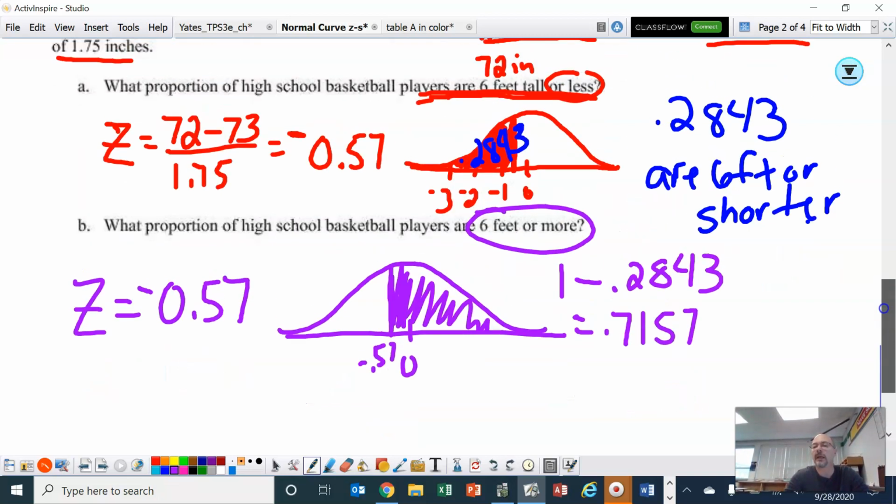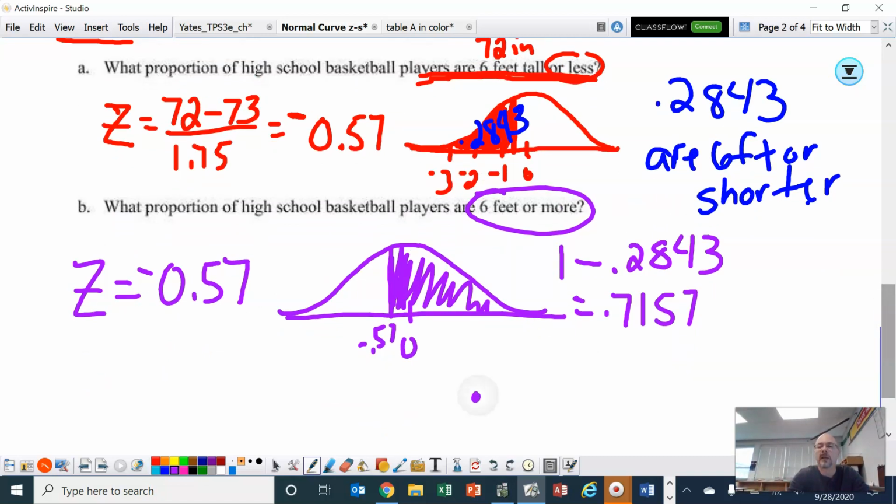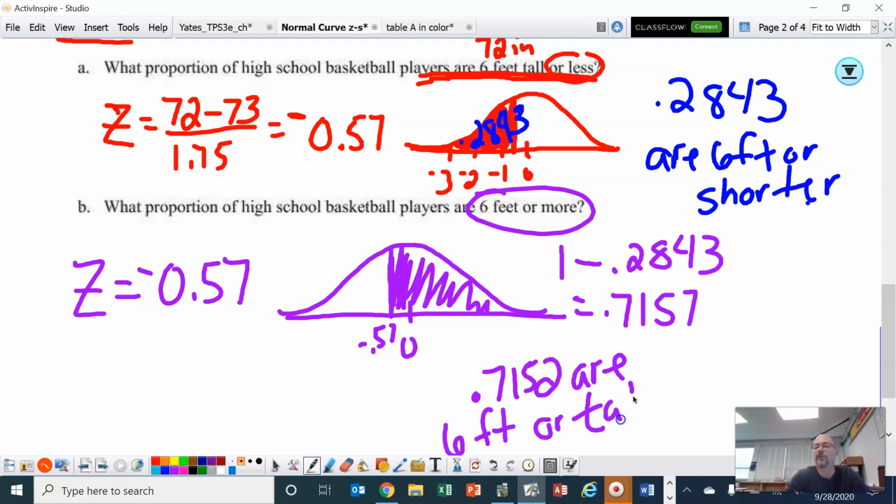So that's telling us that, if we round it, roughly 72% are 6 feet or taller. Of all the basketball players, roughly 72%, not quite 72, okay, are 6 feet or taller.